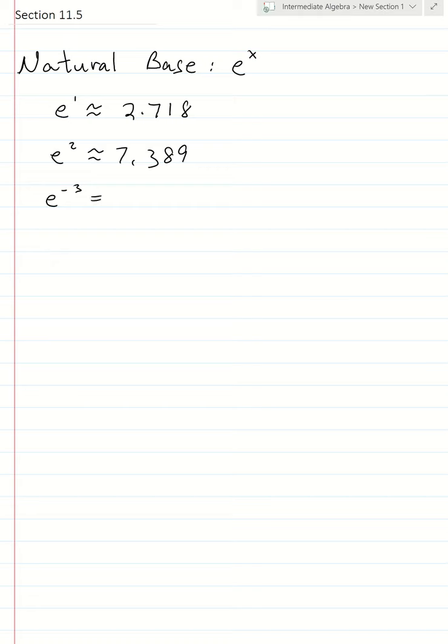We, of course, know that means the same thing as 1 over e to the third power, using our laws of exponents and eliminating negative exponents. But if we wanted a decimal approximation for e to the negative third power, that would give you approximately 0.05.